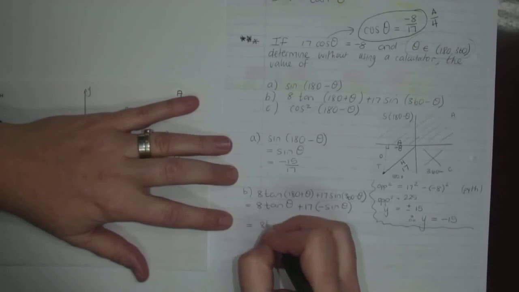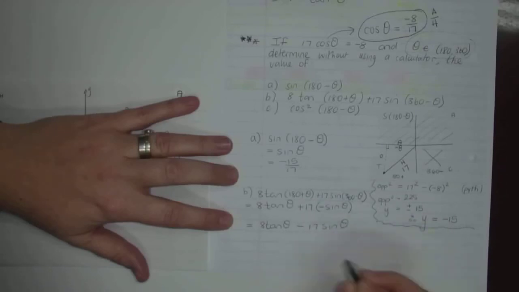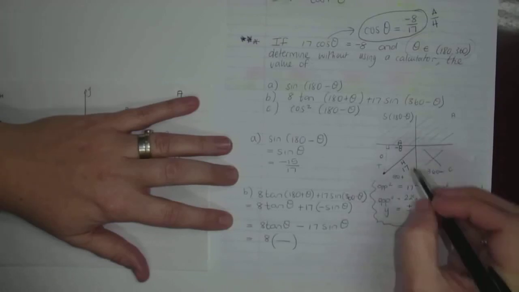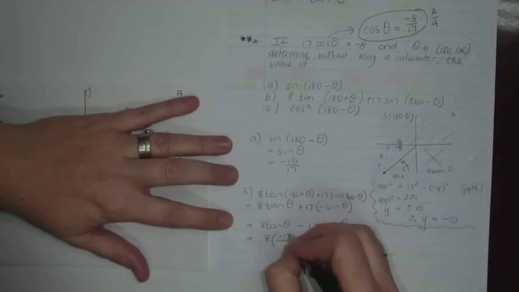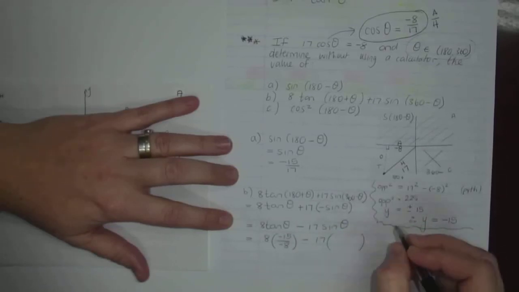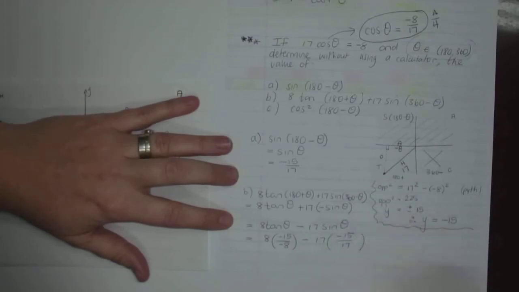So I have 8 tan theta minus 17 sine theta. So I've got 8 times O over A, so minus 15 over minus 8, minus 17 times O over H, minus 15 over 17. That's going to give me 15. Minus and a minus is a plus. 17 and 17 goes away. 15 and 15 is 30.